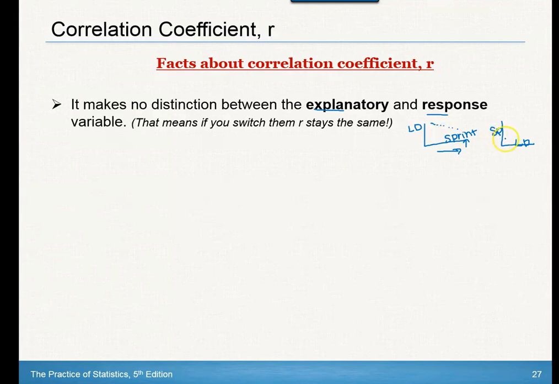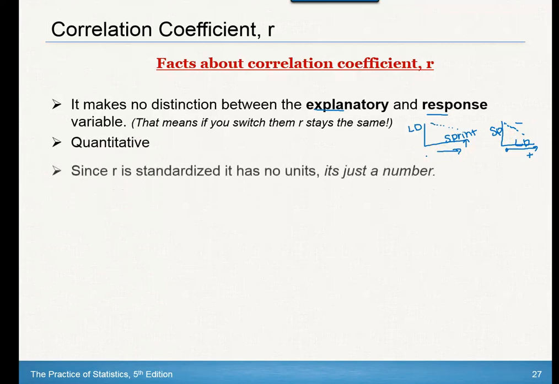So as the long distance jump increases, your sprint time is going to decrease. Okay, so short distance, long sprint time, that makes sense. Long distance, shorter sprint time. So it's going to stay exactly the same even if you switch the x and the y axis.